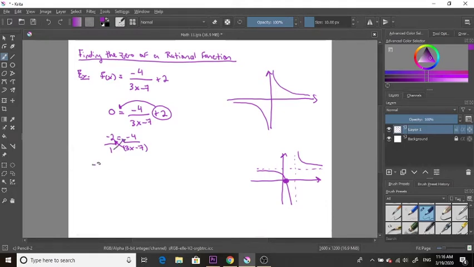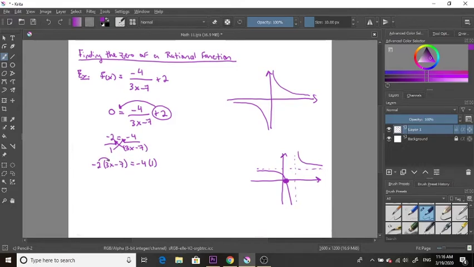So we can rewrite this as negative 2 times (3x minus 7) is equal to negative 4 times 1. It's really important to remember to put the brackets around the bottom of this fraction, because otherwise you might forget to multiply the negative 7 and then your answer will be completely wrong.